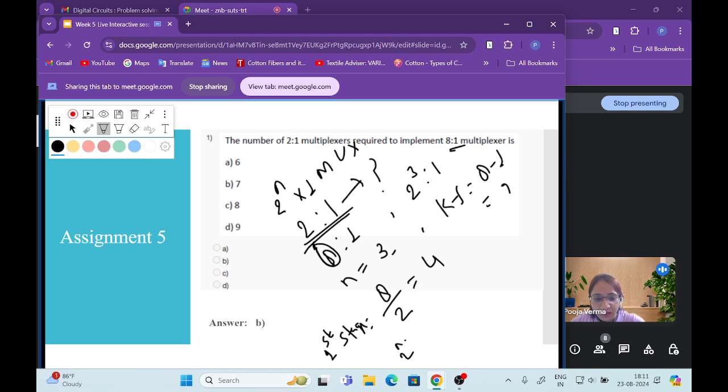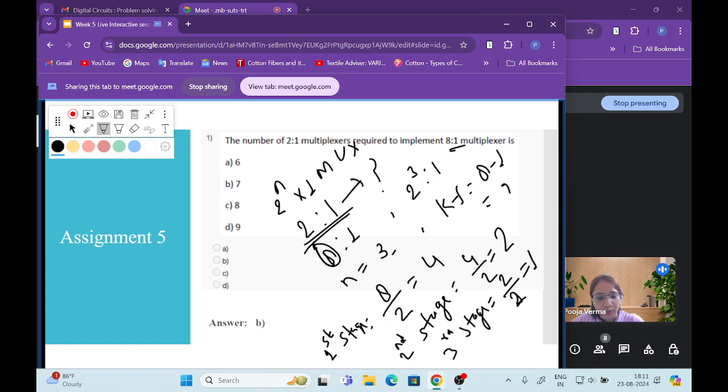In the second stage, now we have to divide by 2. So 2. So at the second stage we require 2 multiplexers of 2:1 mux, and again it is divisible, so again we have to divide. At the third stage, how many mux are required? 2 divided by 2, that is 1.